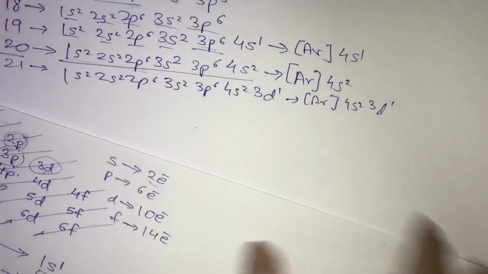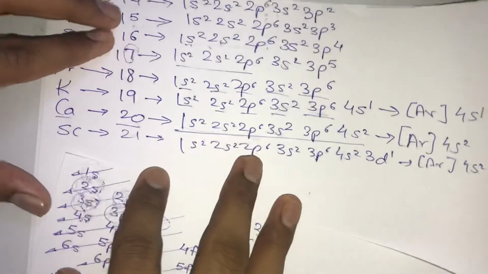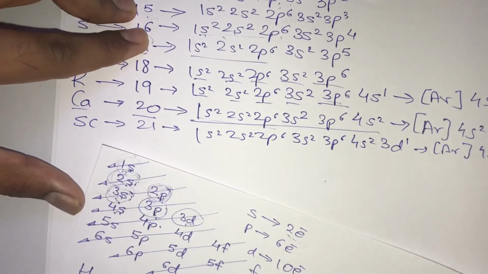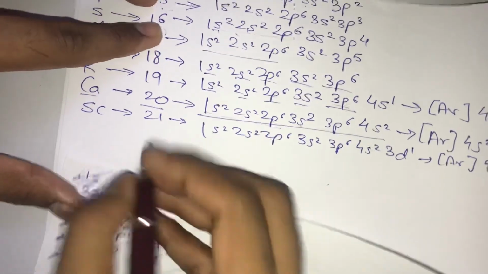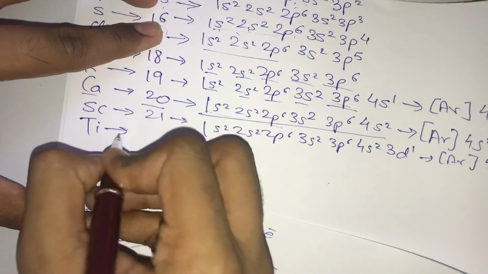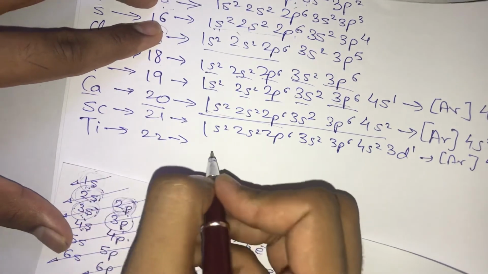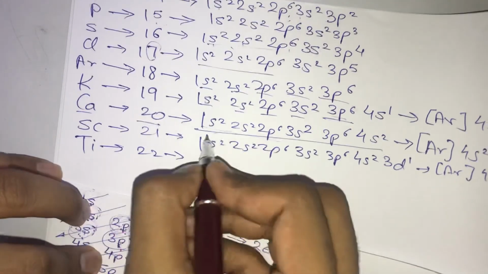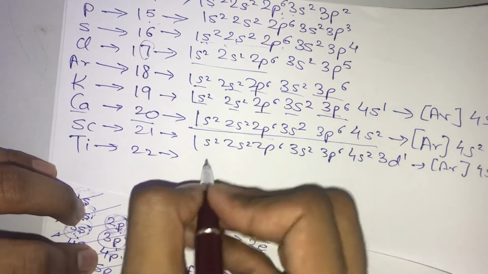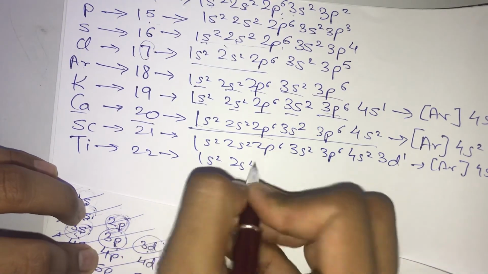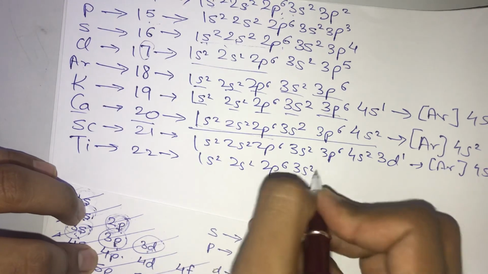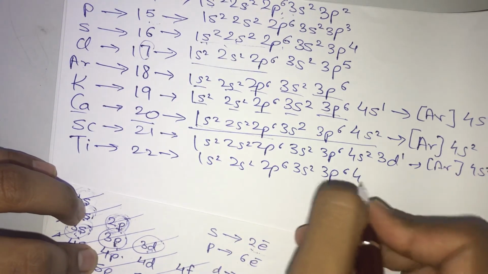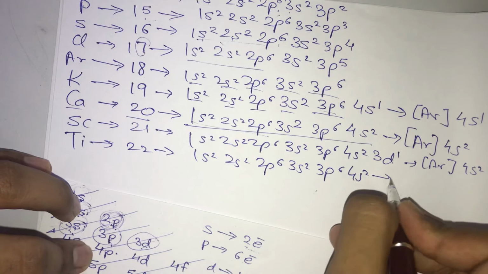Now similarly, moving ahead to the next one, after scandium comes your titanium. The atomic number is nothing but 22. So guys, up to 20, you are going to write 1s2 2s2 2p6 3s2 3p6 4s2.